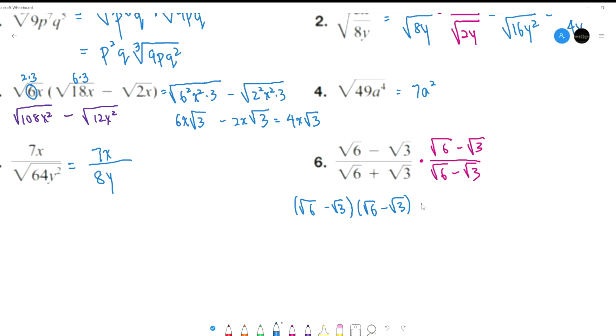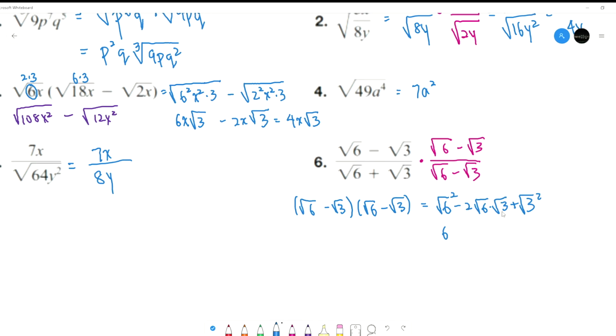So this becomes 6 minus 2 times radical 6 times radical 3 plus 3. Or actually, let me write that in terms of the formula. Just like that, right? So radical 6 times radical 6 is 6. And then we have this part right here.